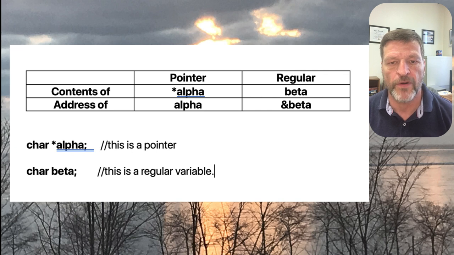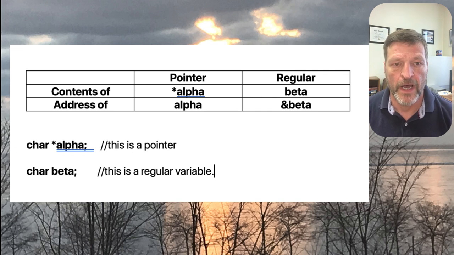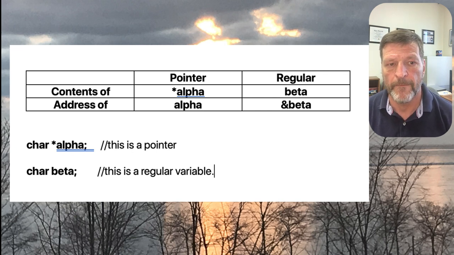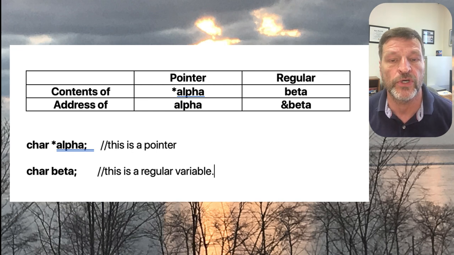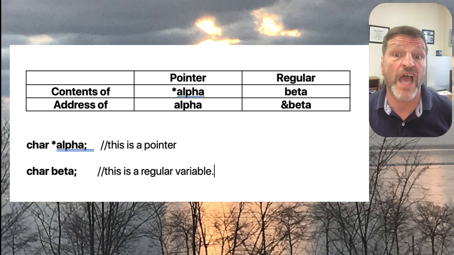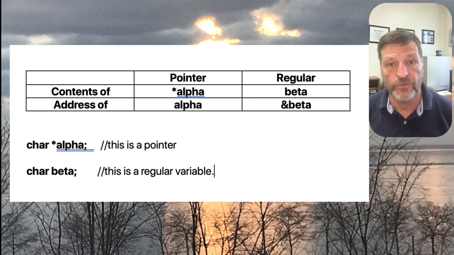Pointers are different from regular variables, as I'm going to show in the following table. If I want to know the address of the location of that pointer, I just take away the star. The variable name itself is the address of where in computer memory the contents of that variable is stored. Star and then the name of the variable, like star alpha, is how you say what the contents of that memory location is. So if you want to assign a value to that pointer variable, you say star alpha equals something.